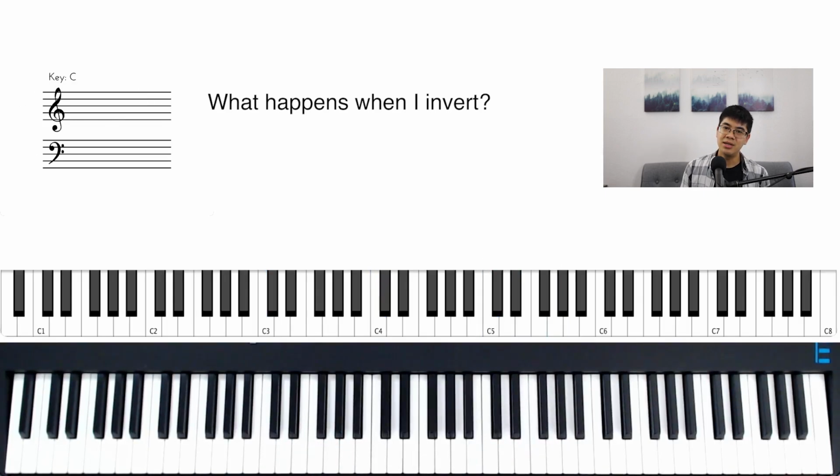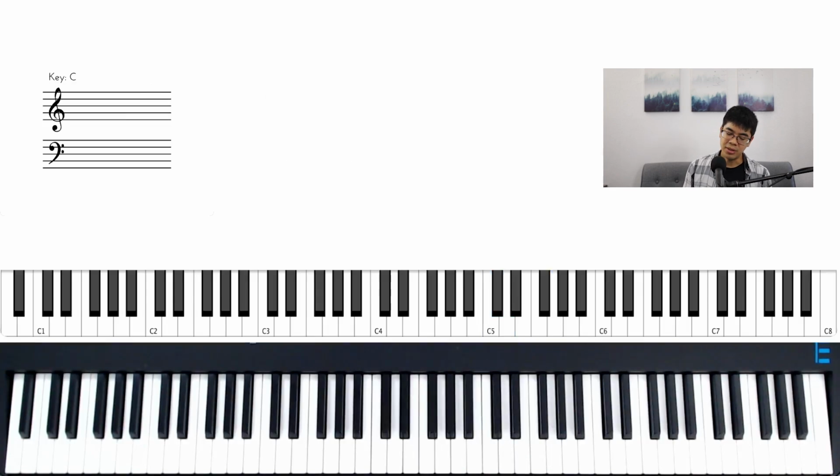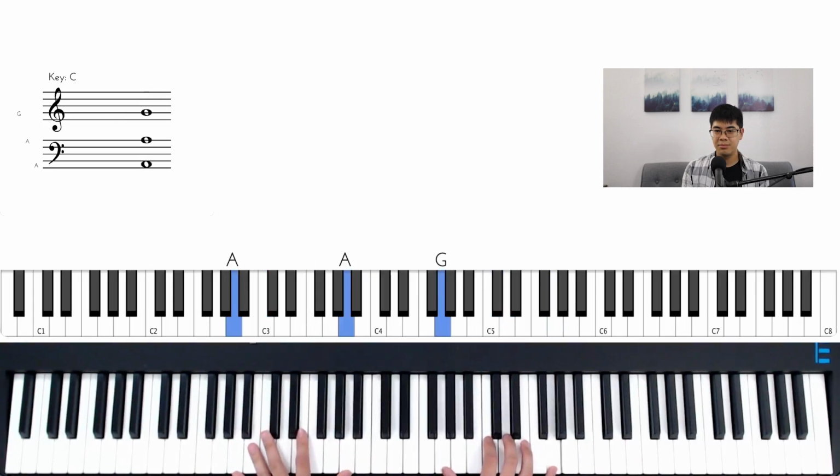From that discovery, I realized that a G sus4 chord is related to a C sus2 chord. They're interchangeable, they're just inversions of each other. But more importantly, I discovered a sound that I liked. So I did something like this. And that's how I discovered that little pattern.